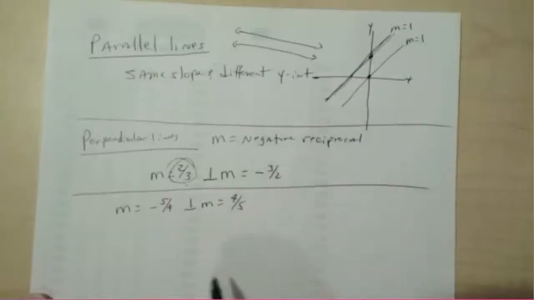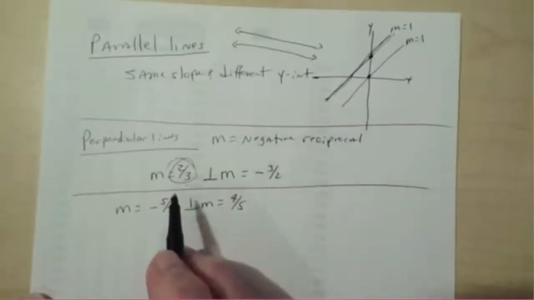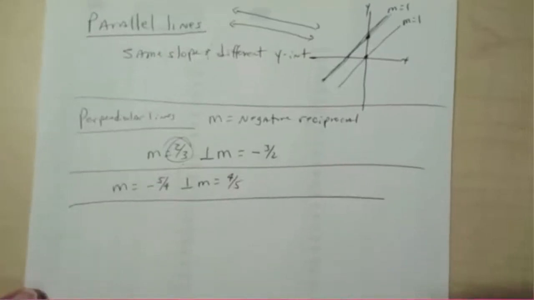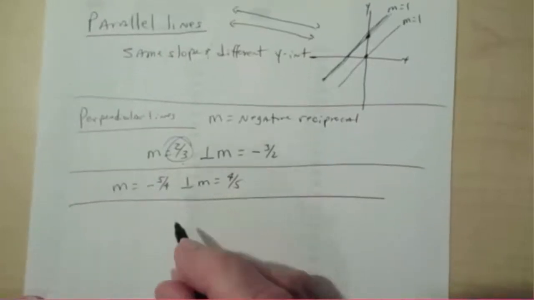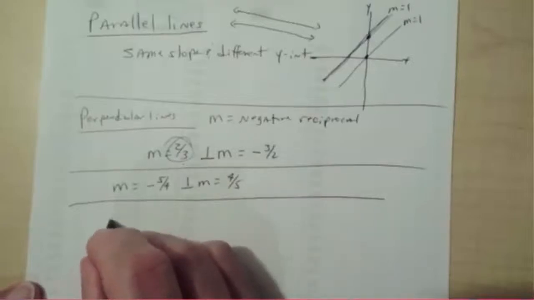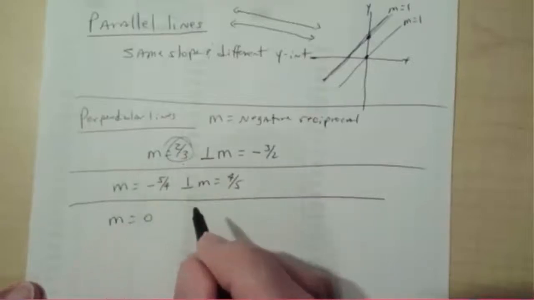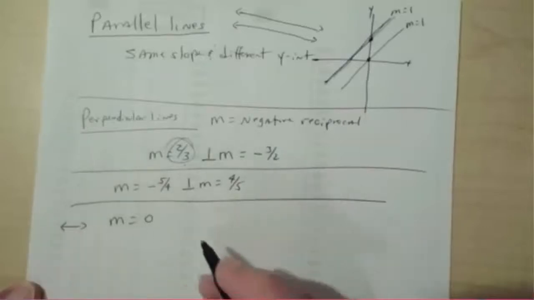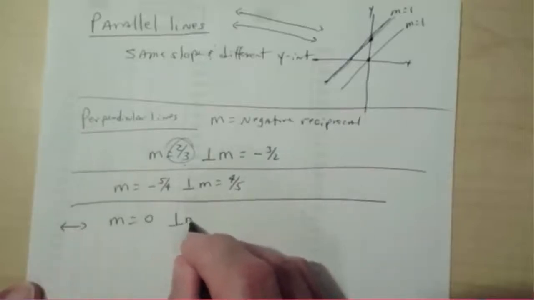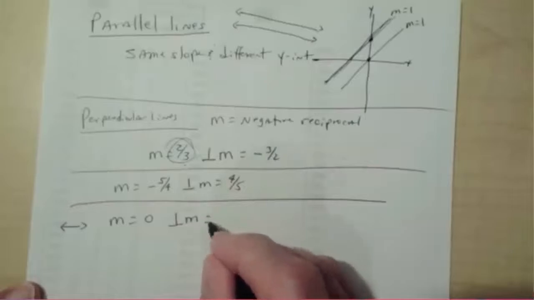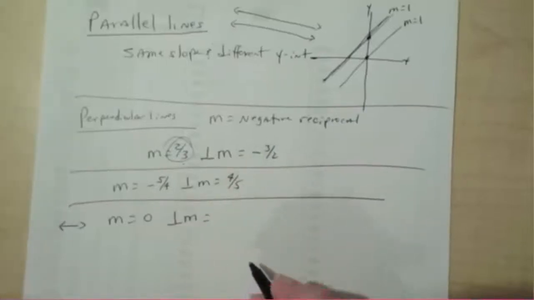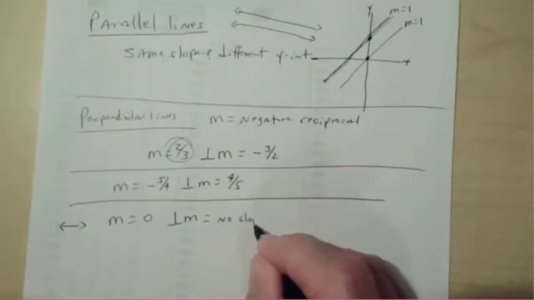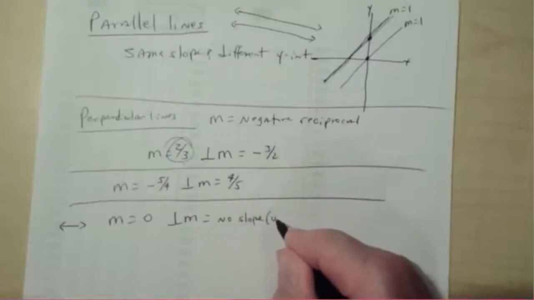Okay, if you're so smart, let's see you get this. If the slope is 0, and remember, a 0 slope is horizontal, then what is the perpendicular slope? Get that if you're so smart. The perpendicular slope is no slope, or undefined slope.